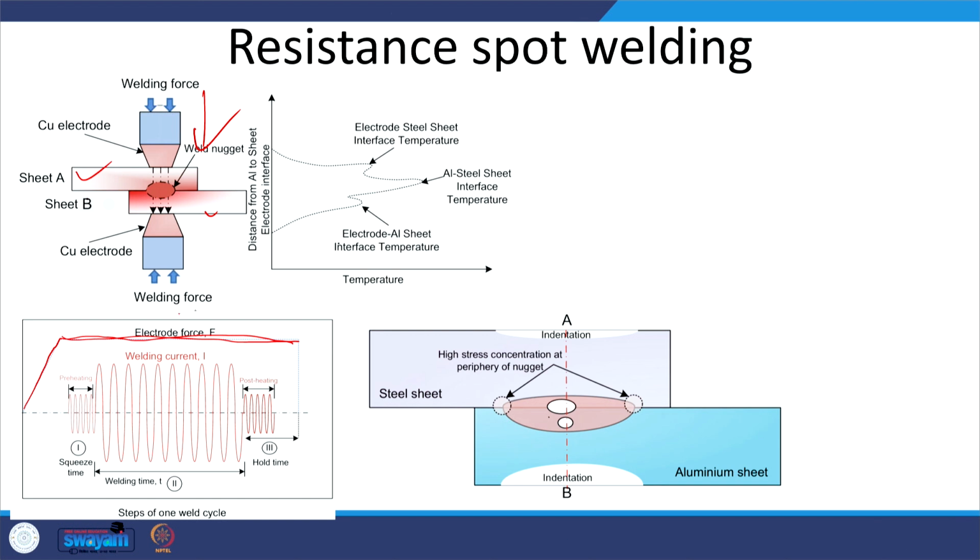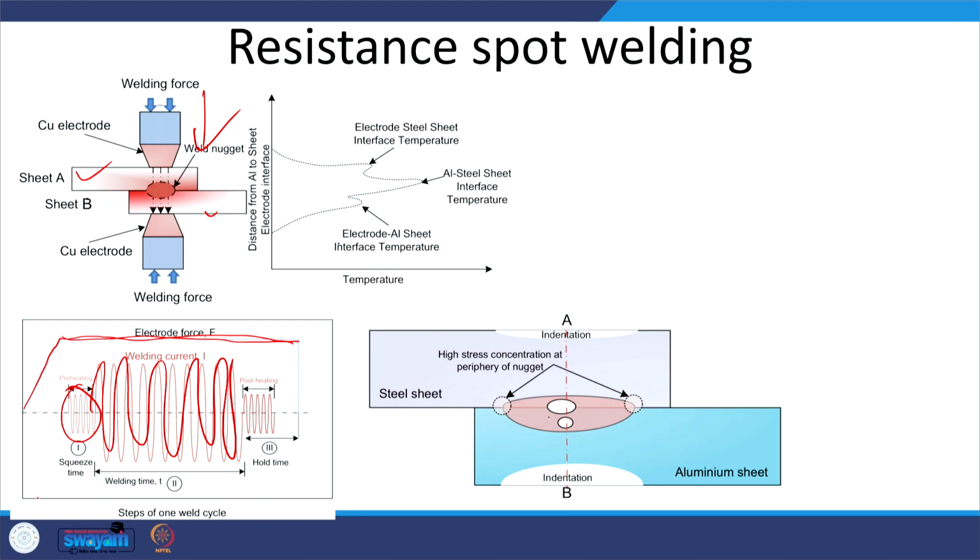So that when the current is allowed to flow, there is no sparking at the interface between the electrode and the workpiece. Initially we may supply a little lesser current so that preheating happens, and then the main welding current is applied. Preheating is sometimes needed to avoid weld defect formation or undesirable mechanical properties and microstructural aspects.